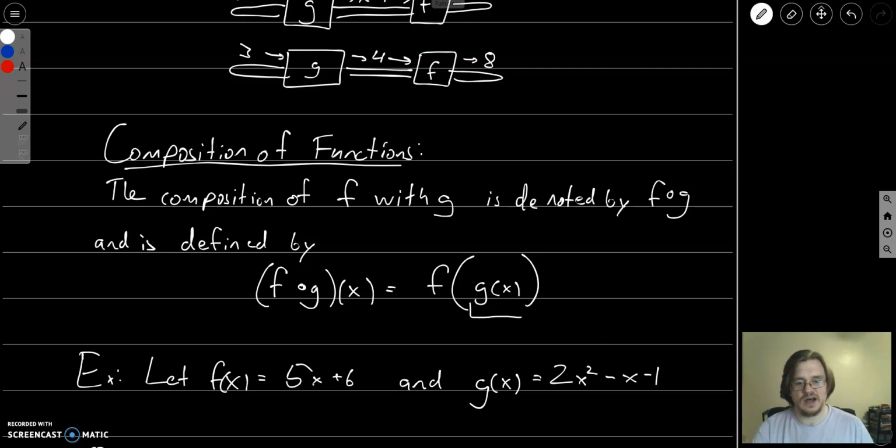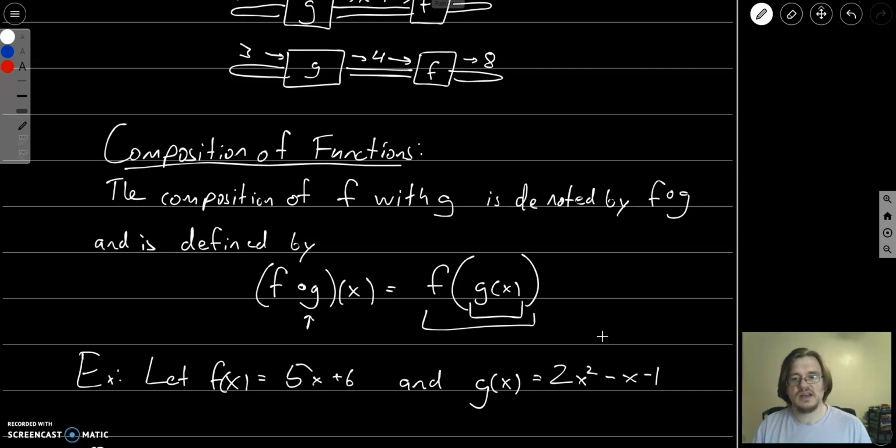So we do the second function first, the one that's closest to x, and then we plug everything into f. So this may seem a little bit backwards. We're working from right to left, but the way to think about it is we're working closest to x and moving away. So we first plug x into g, and then we plug whatever we get there into f.